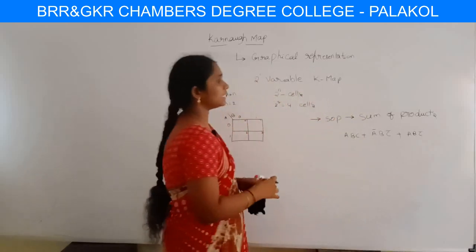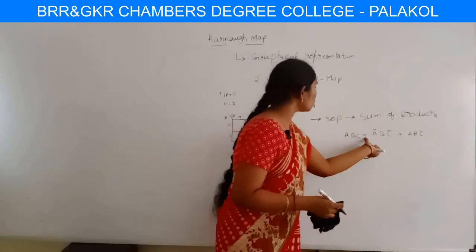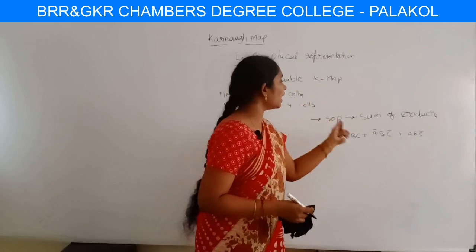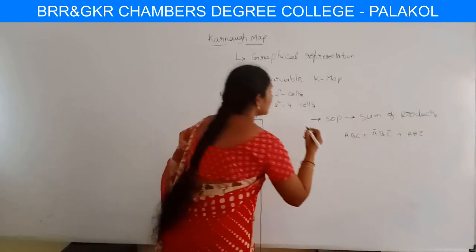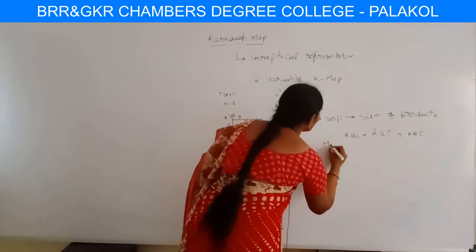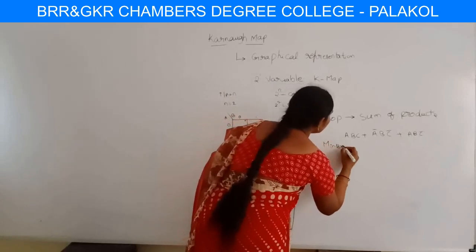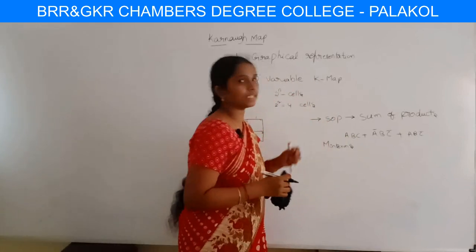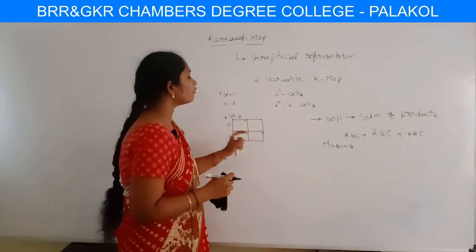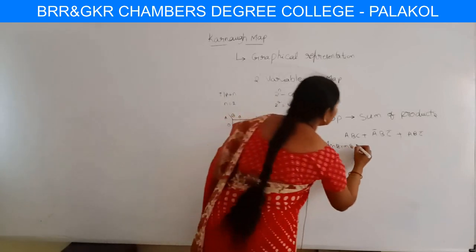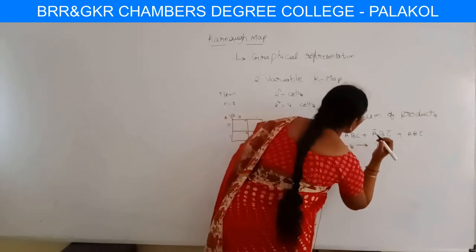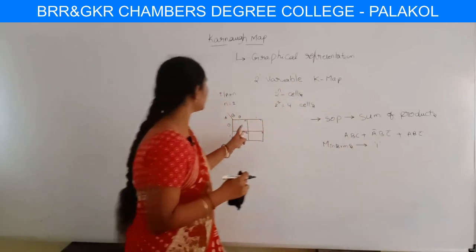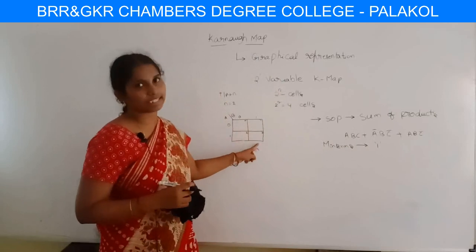Likewise, this is the sum of product terms. Therefore the SOP is called min terms. In SOP representation the cells are filled with ones, the min terms are filled with ones in these cells.